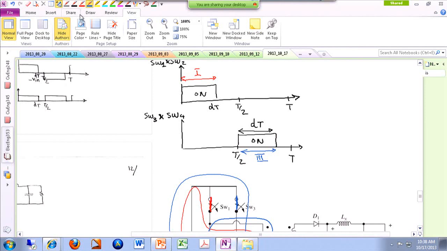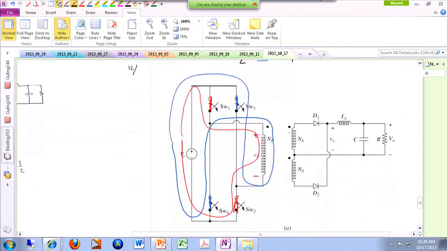And then this I'll call mode number 2. And this is 4, which is exactly identical to 2. So in these 2 modes, 2 and 4, all of the switches are off, kind of like the push-pull. Nothing is going on the primary side. Both D1 and D2 are conducting, and each one of them is handling 50% of the current of the inductor.